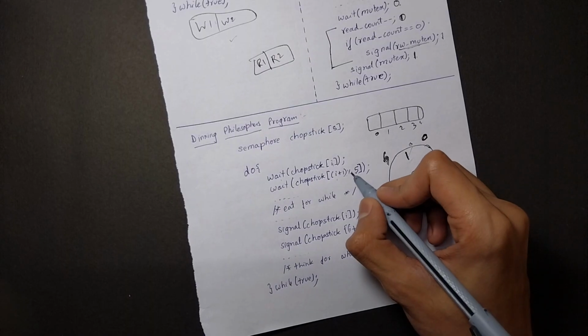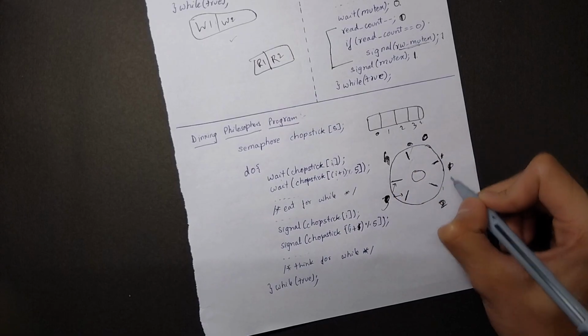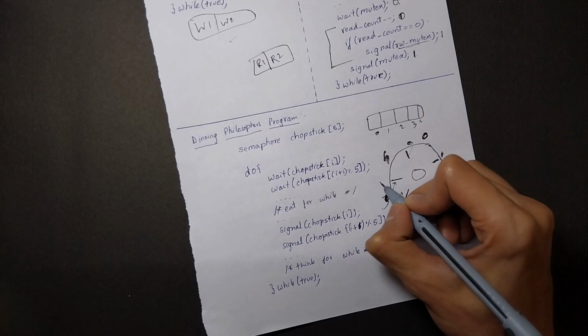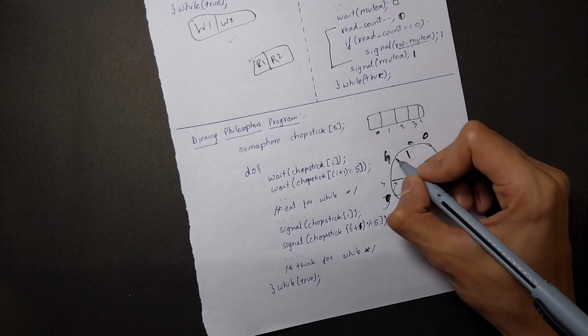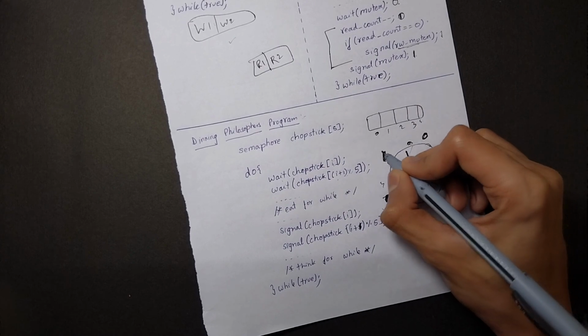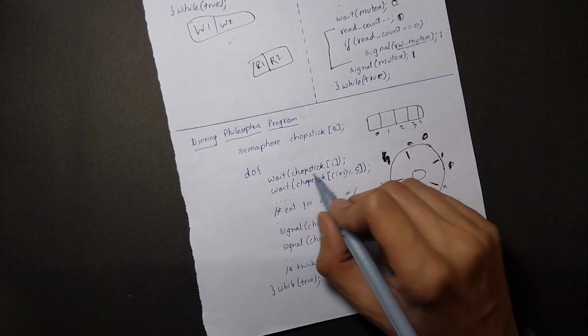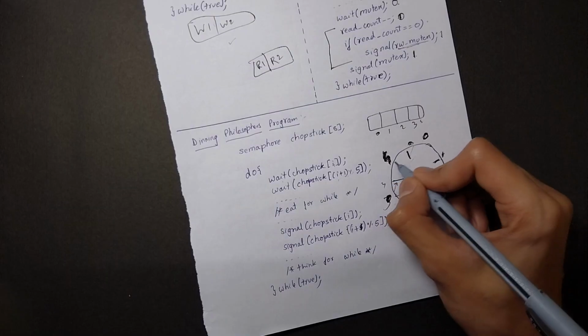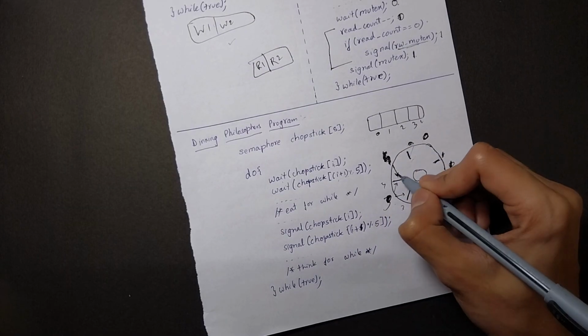So why do we use modulo? Now let us understand. So this is chopsticks 0 1 2 3 and 4, and persons are 0 1 2 3 4. So what if this guy, 4, is having food? Then i is 4, so he will choose this one on the left, sorry, this is right.